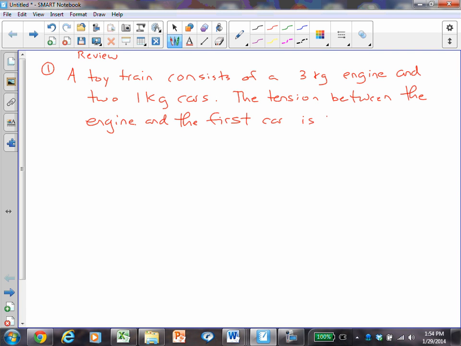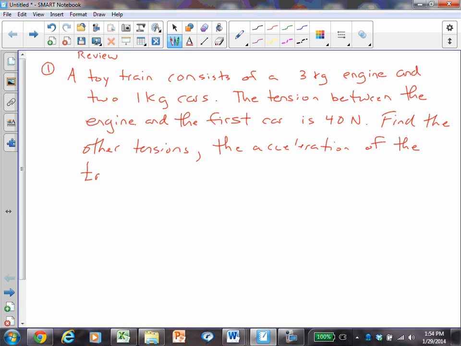That's quite a tension for a toy train. Find the other tensions, the acceleration of the train, and the force with which the engine is pulling forward.